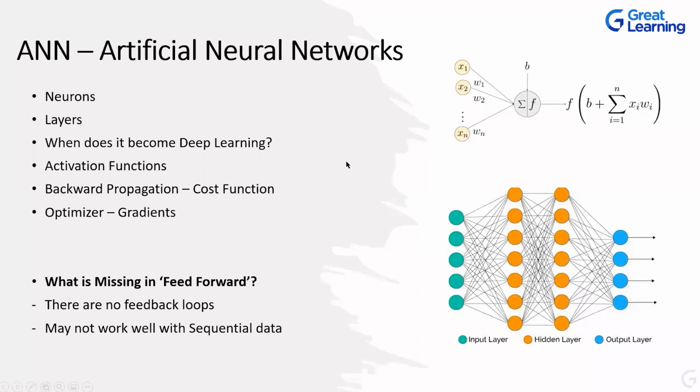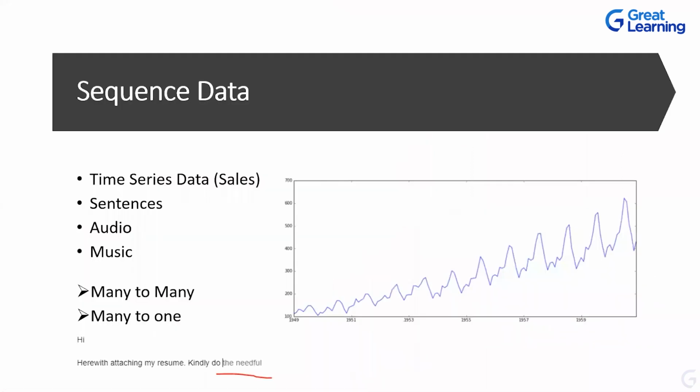But what if I have sequential data? When I say sequential data, this is what I mean. It is associated with time series. I cannot break it or shuffle it. Right? It has to be on an orderly basis. Some examples of sequence data: time series data, let's say sales data, which I've shown here, and sentences in terms of writing.